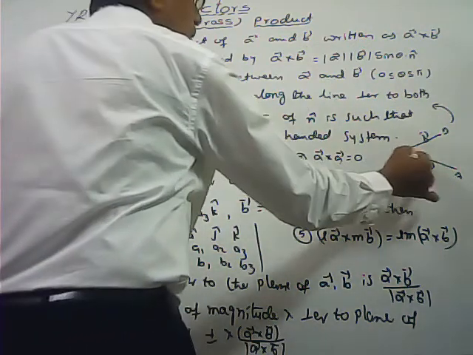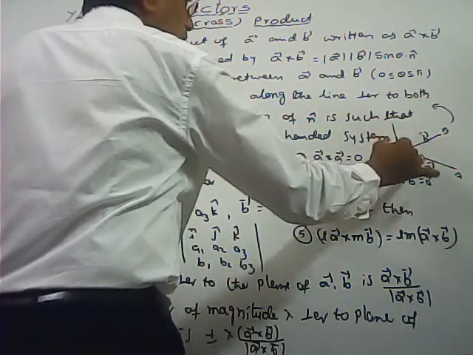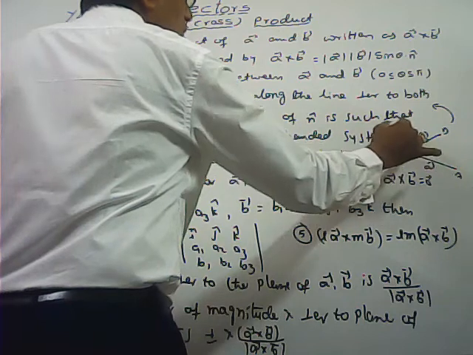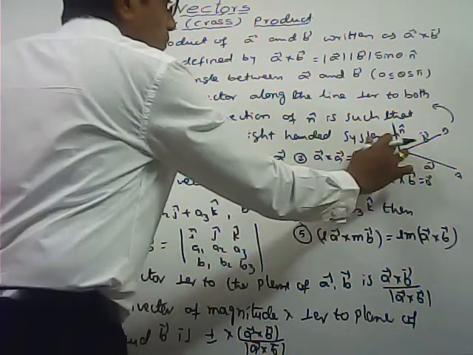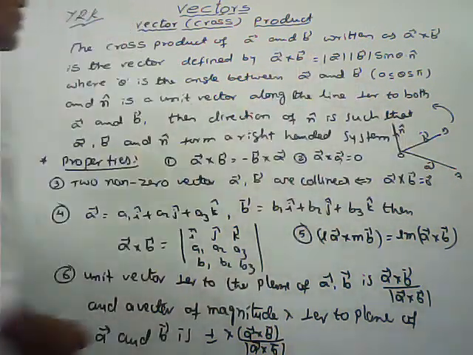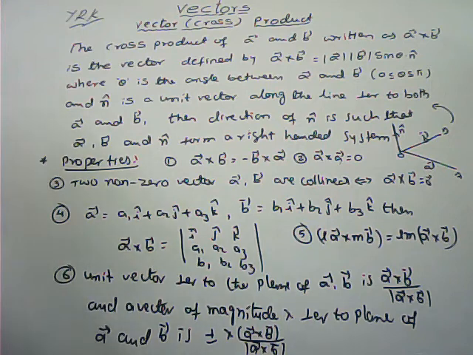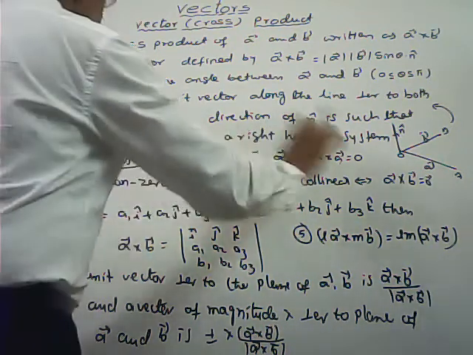So here A bar, B bar, and one more vector is there, I am saying n cap, that is the unit vector perpendicular to both A bar and B bar only. N cap is the vector perpendicular to both A bar and B bar and the plane containing A bar and B bar, we can say it like that also.